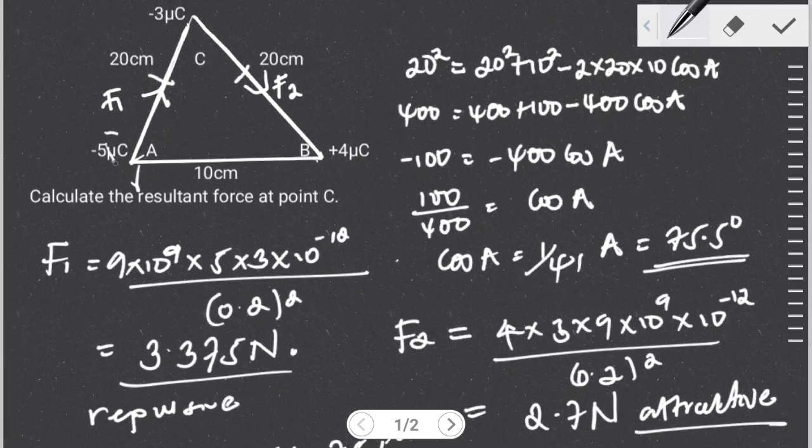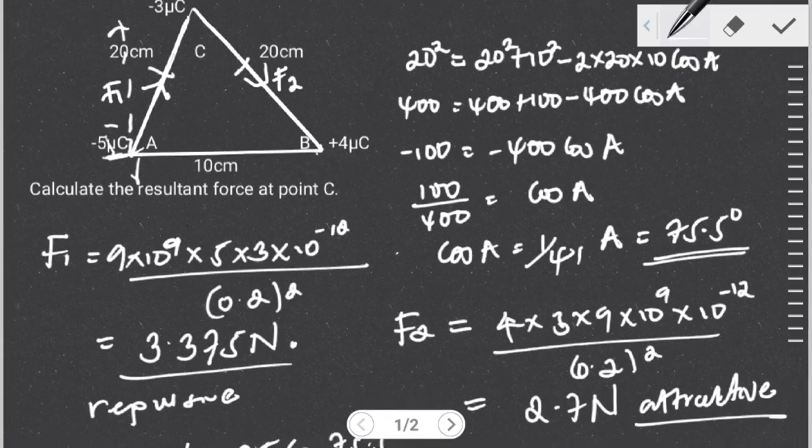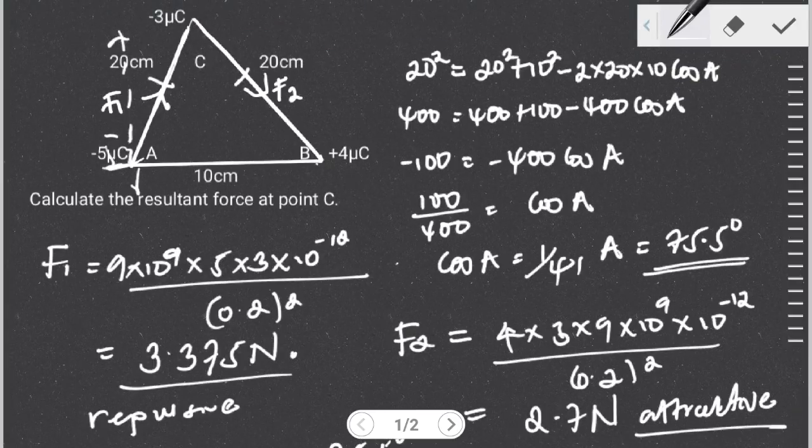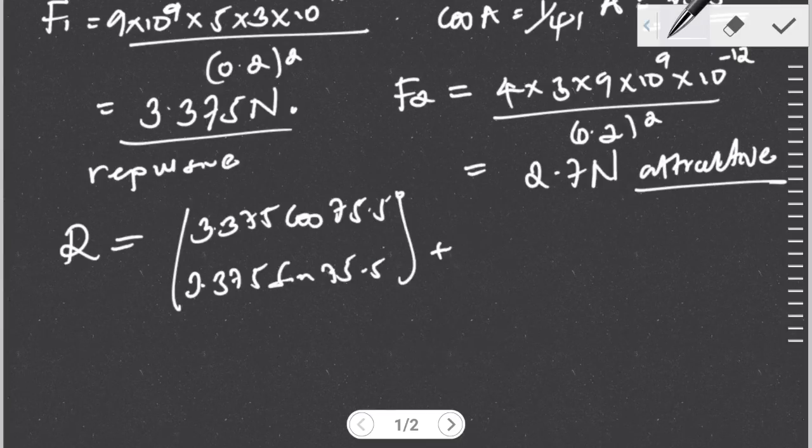If we get the y component from here, it will be moving in the positive y axis. So let's say I take the positive y axis, and therefore this is going to be 3.375 sine of 75.5, these are in degrees, plus I'm going to have this one also.